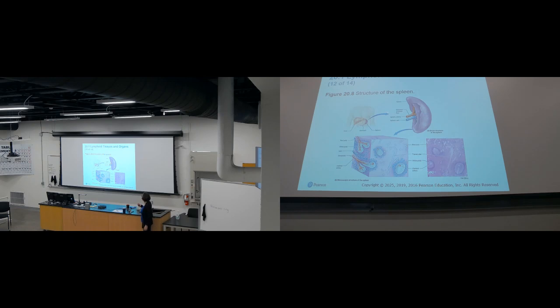So here is the spleen in its location, left upper quadrant, not right, near the stomach. It has this convex part that faces laterally, while it has this concave part that faces medially.